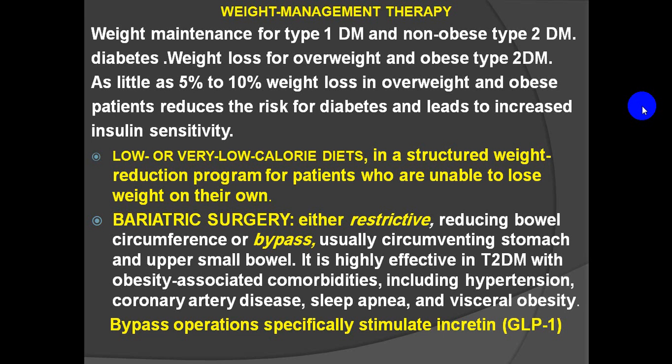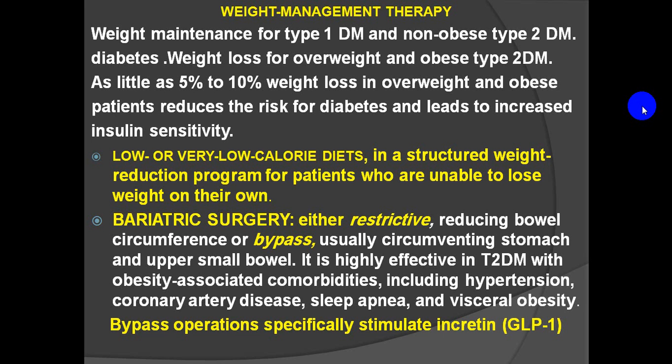Weight maintenance for type 1 diabetes and non-obese type 2 diabetes mellitus. This is very important to maintain normal body weight for those with type 1 and for those who are non-obese with type 2 diabetes mellitus.